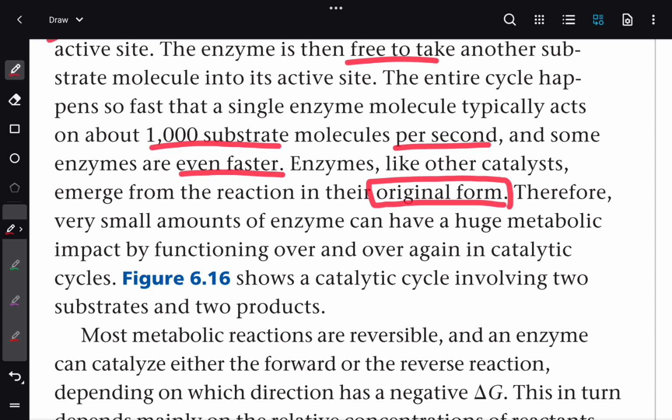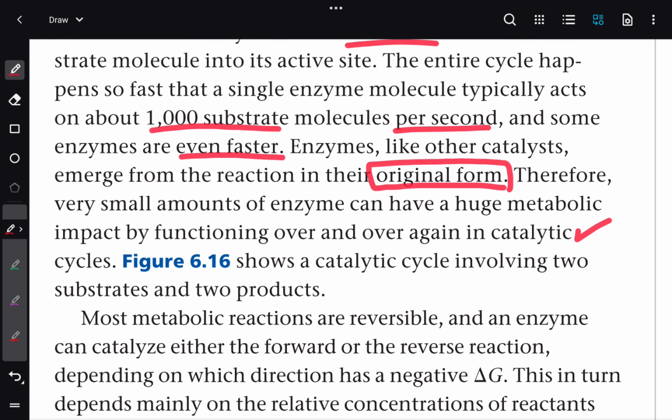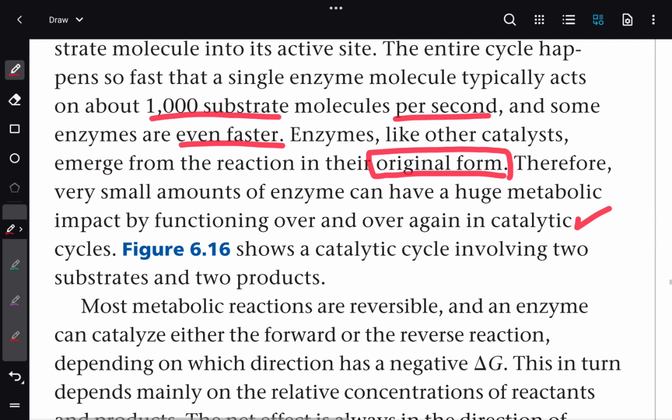Therefore, a very small amount of enzymes can have a huge metabolic impact by functioning over and over again in catalytic cycles. Because they have two objectives. First is speeding up the reaction, and these are not objectives, more like conditions, and they have to maintain their shape and form.